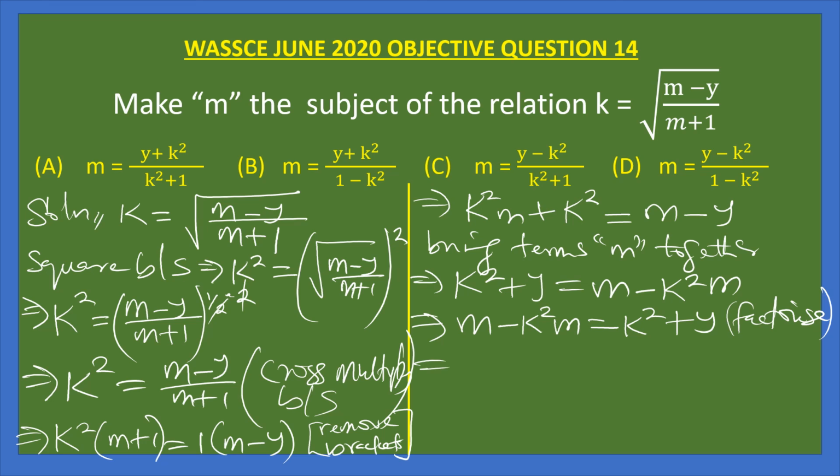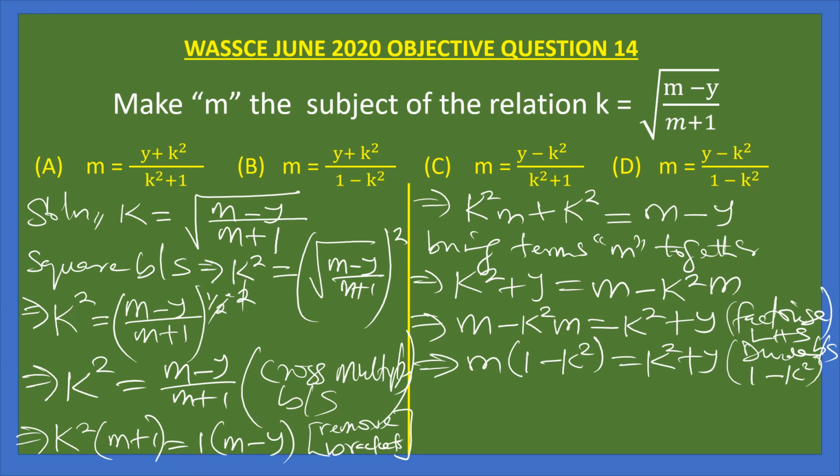Alone. Factorizing, you bring M out, you have 1 minus K squared into K squared plus Y. Okay, so we factorize just the left hand side. Take note of that. Now from here, for M to stand alone means 1 minus K squared needs to go away. So we divide both sides by 1 minus K squared.